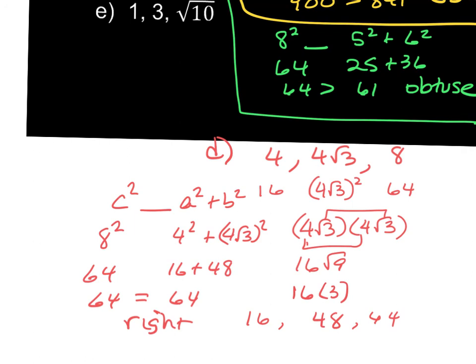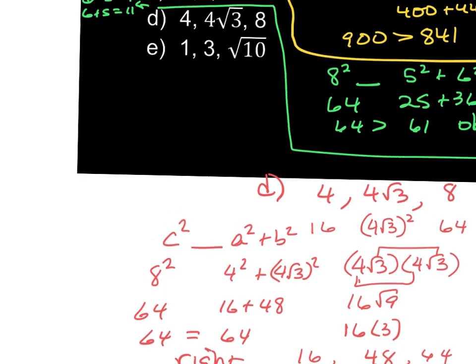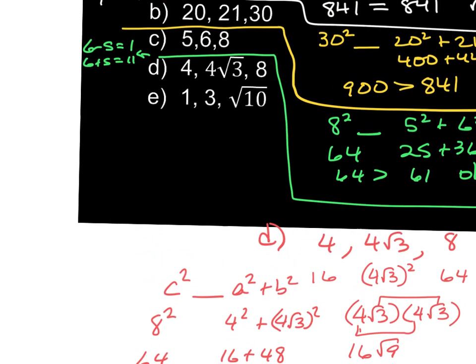And now the last one. Let me come over here and do it. So again, we can square this to make sure that it is the biggest side. Whenever you square something that's under a square root, it makes the radical disappear. Squaring a square root makes it come out.